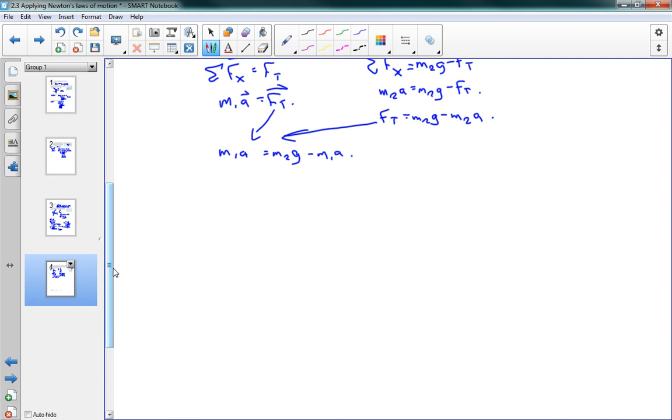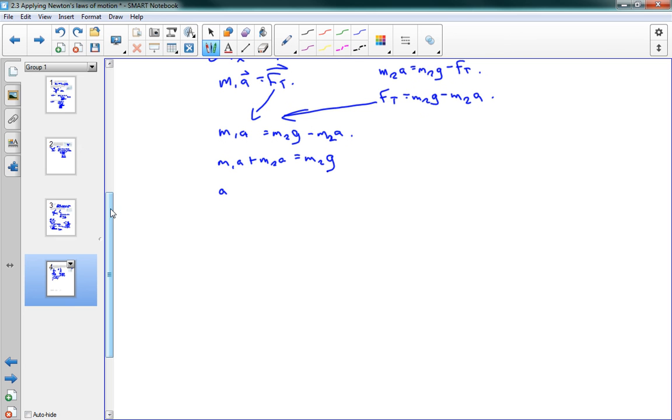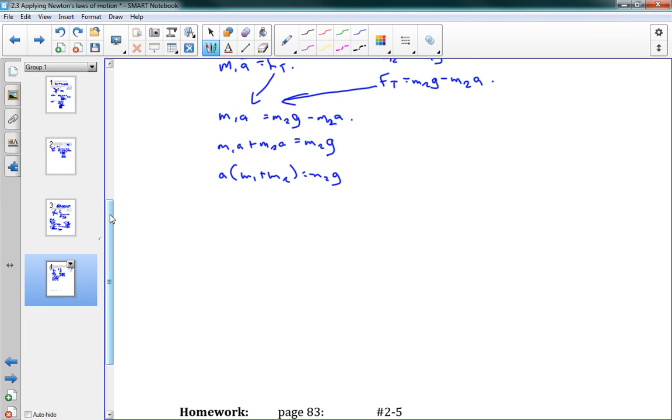So I'll just rearrange. I'll say that M1A plus, oops, this is M2A over here. Okay, so M1A plus M2A is equal to M2G. I can factor out the A, which means that A is equal to M2G over M1 plus M2, which is really useful.